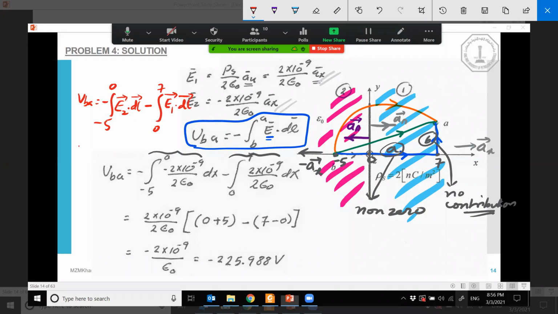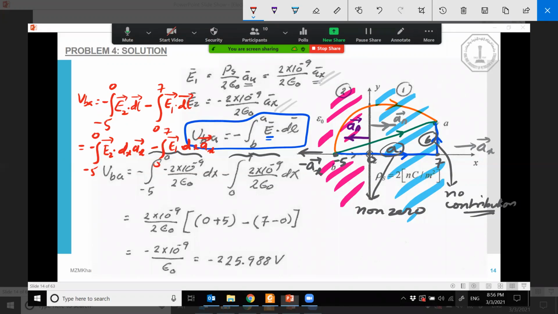So this will be equal to minus integral from -5 to 0 of E2 bar dot, what will be dl here? dx ax. It will be dx ax. And here also dx ax.